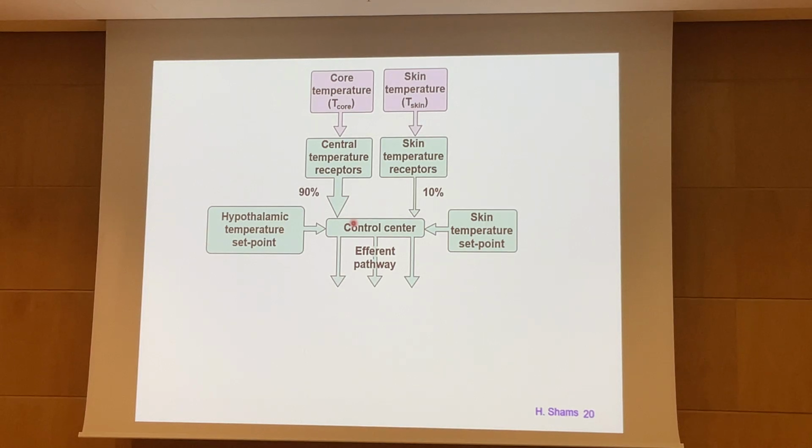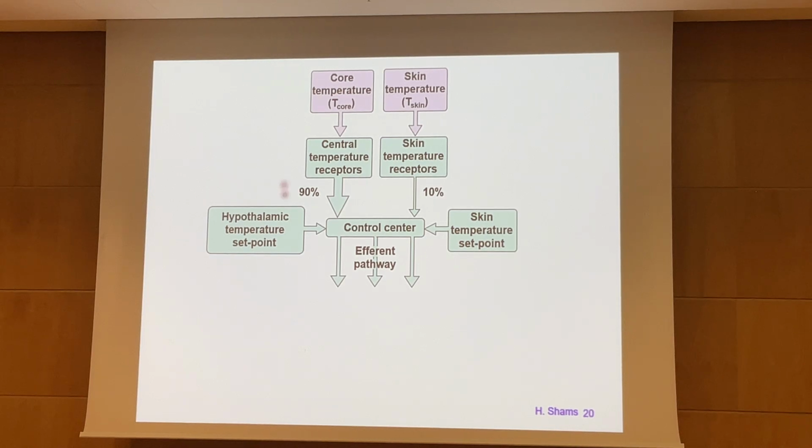And also the center receives information from the hypothalamic temperature set point, which is the order of the hypothalamus to set the body temperature at 37, or 39, for instance, during fever.